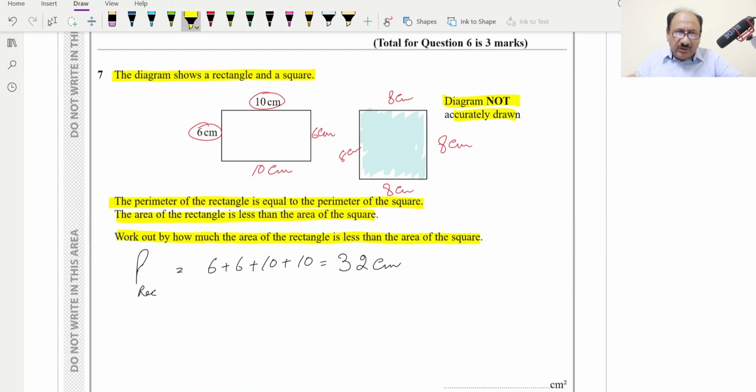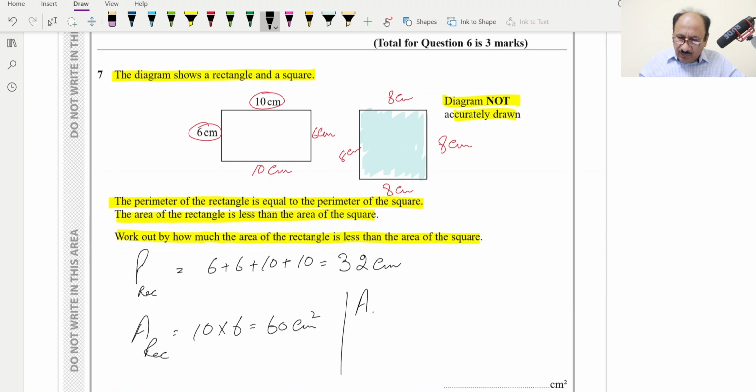So area we can calculate. Area of rectangle will be equal to 10 multiplied by 6, and this is equal to 60 centimeters squared. And we can write area of square is equal to 8 multiplied by 8, which is equal to 64 centimeters squared.